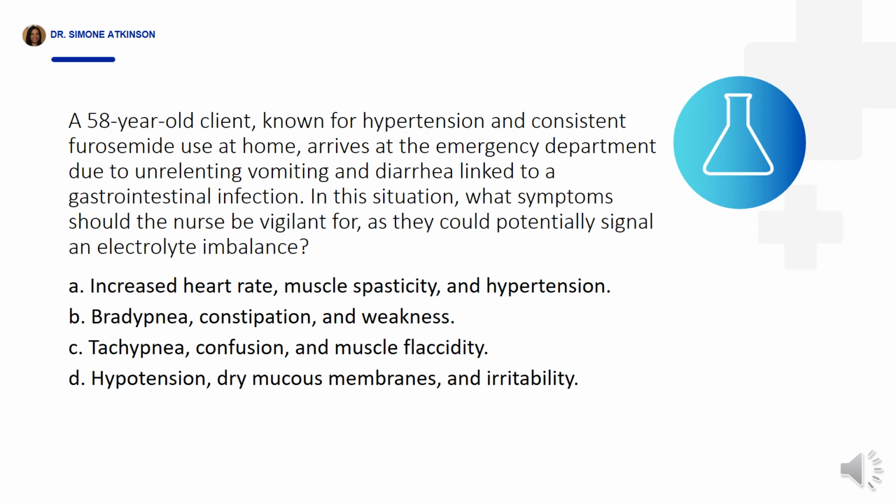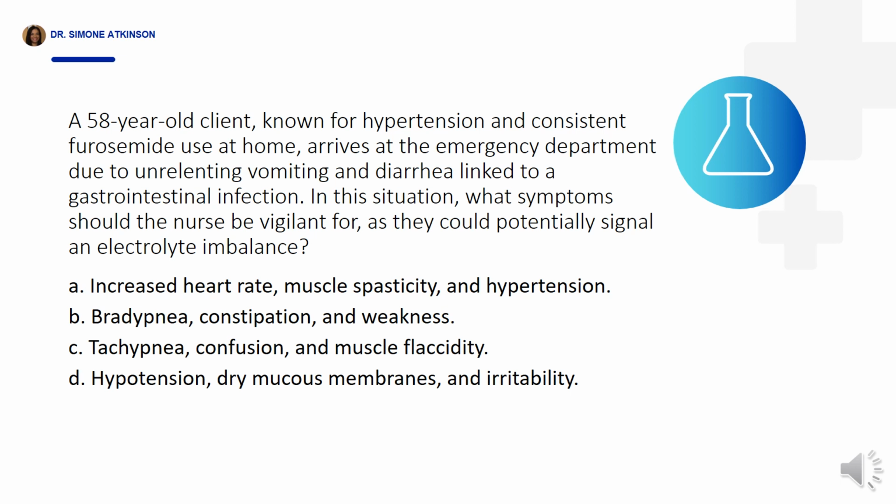So would we see an increased heart rate with hypokalemia? Possibly, yes. Muscle spasticity. Would we see a muscle spasticity with hypokalemia? No, because we know that the activity follows the state. Would we be seeing hypertension with hypokalemia? Probably not, because it's also in the opposite direction, and we said that with the potassium it's going to follow the state, and we're thinking of hypokalemia.